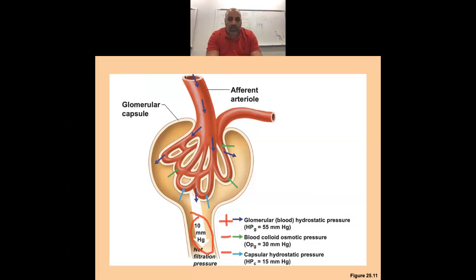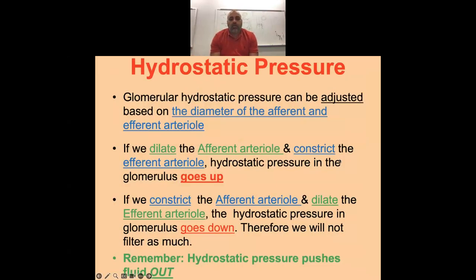So we covered this with blood vessels. All right, this is what we've been mentioning here. We can alter that hydrostatic pressure depending on what we do with the afferent and efferent. If I dilate afferent, GFR goes up.